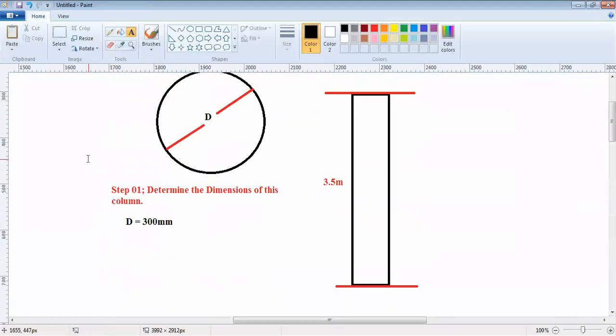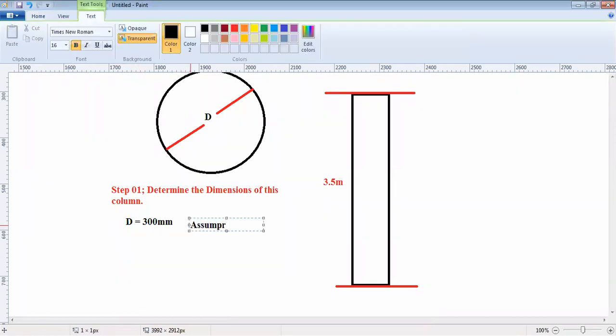Then step number 2, this is assumption. Now step number 2 is you determine the slenderness ratio of the column. Now in this case, even if it's fixed, it's again an assumption.